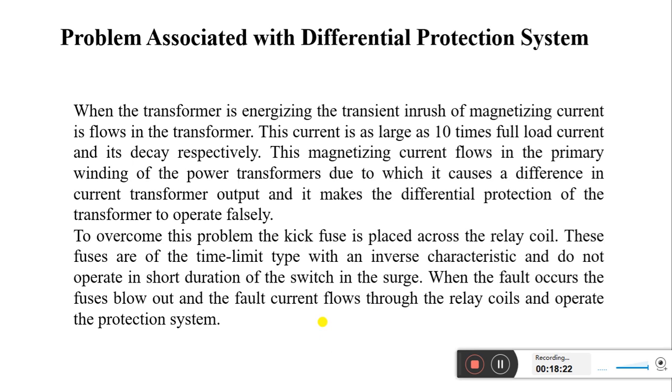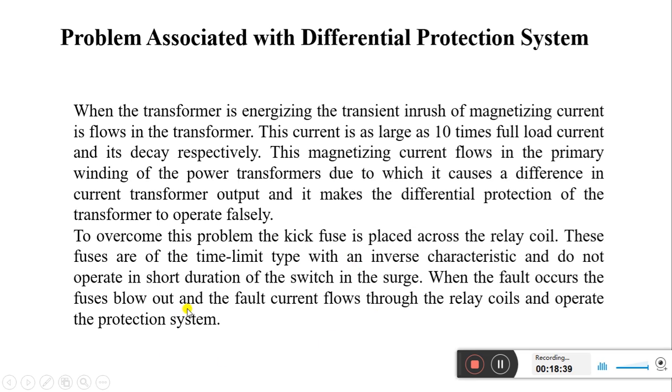So in this situation they do not operate on inrush current, and once a fault occurs, the fuse is blown out and the fault current flows through the relay coil to operate the protection system.